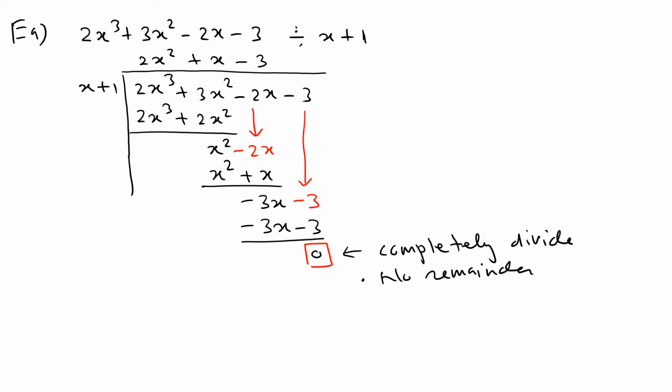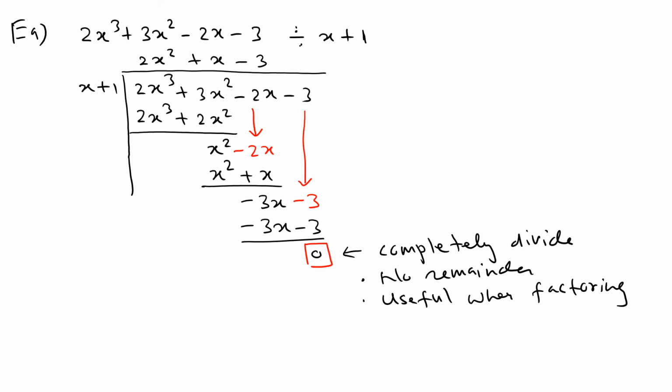And this is also very useful when factoring. So we can discuss this in the factoring polynomial video. This is one of the techniques we use. If you get 0, that means it's completely factored.